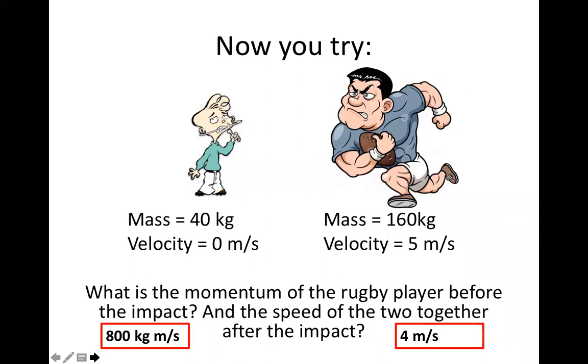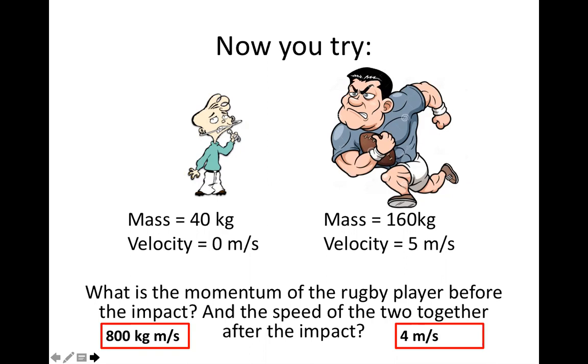I didn't multiply. I did 160 times 5, which was 800. Then I divided it by 40. You take 160 times 5, so you got 800, and then you divide it by 40.